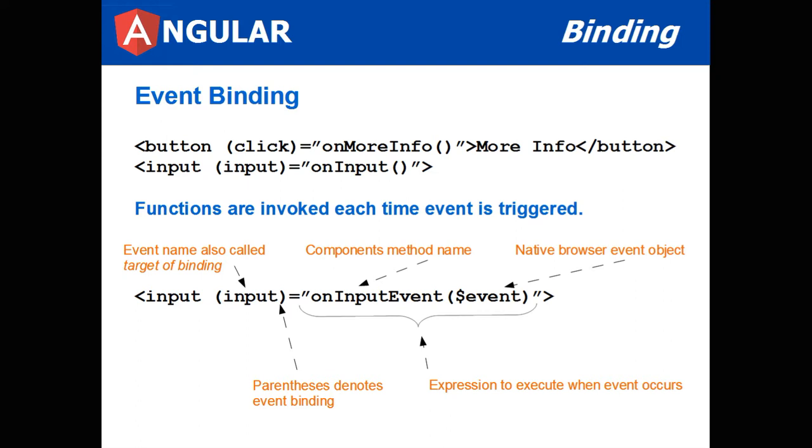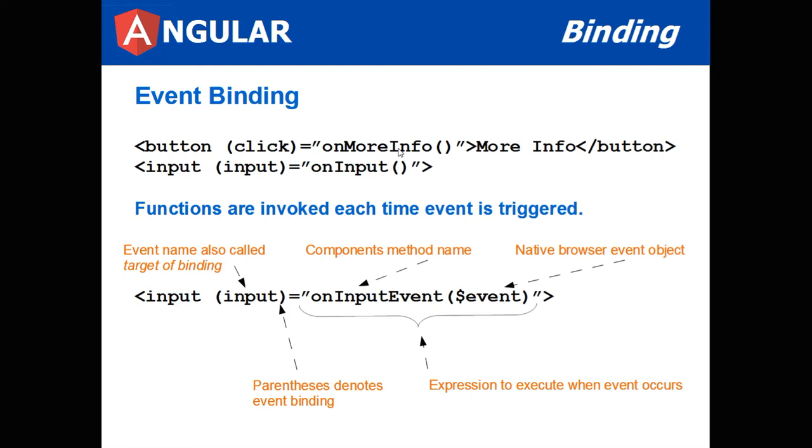Okay, so let's look at event binding. You have a button, and you have this notation here which says, when there's a click event, invoke this function. So the user sees this as a button. When they click it, this method gets invoked. This method has to be a method which exists in the backing component.